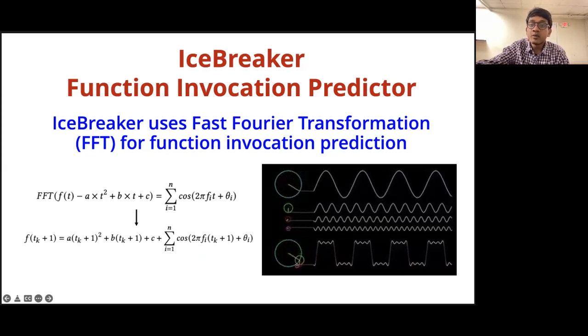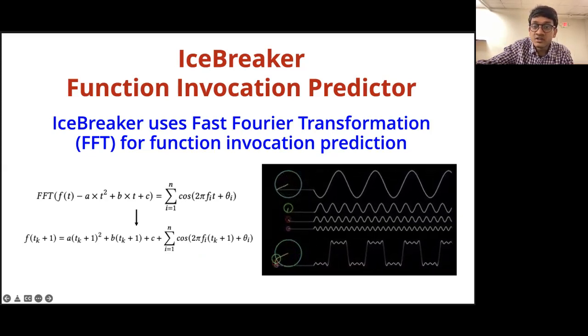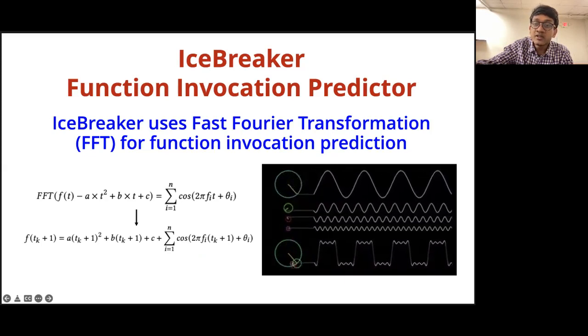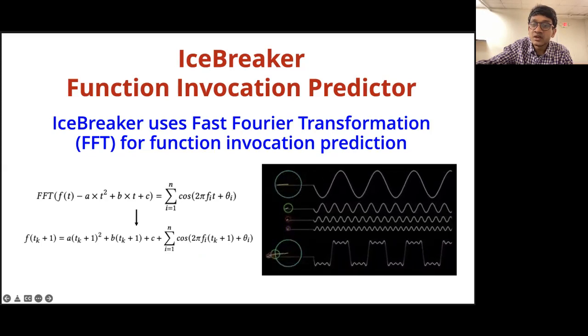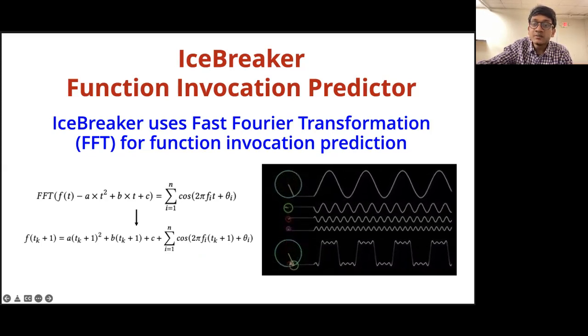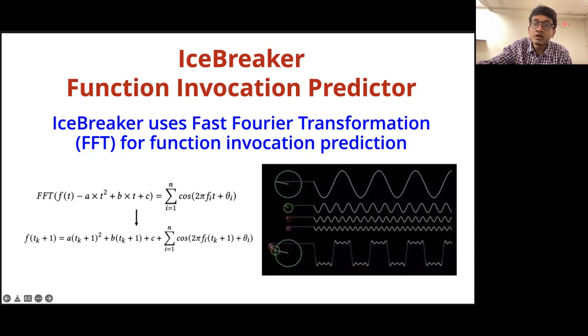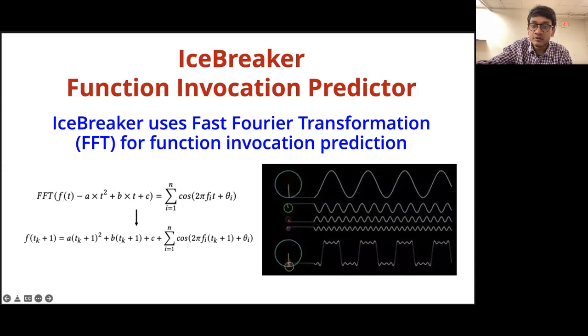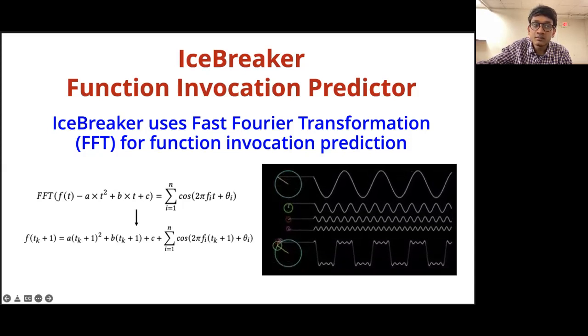In this way, we form a mathematical representation of a function invocation. From this mathematical representation, we predict the invocation concurrency of a function at a future time interval. In this way, IceBreaker takes into account the different concurrency levels of serverless functions and appropriately predicts them for a future interval of time.